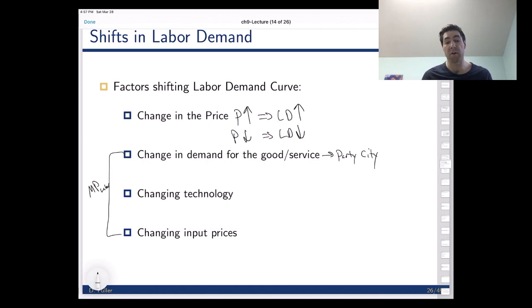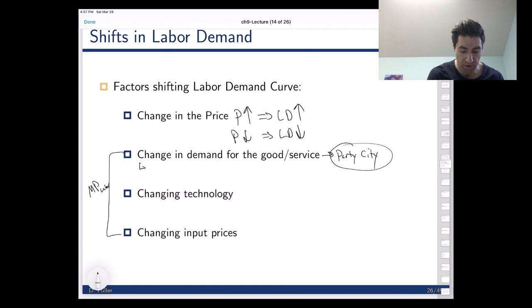Imagine in the current situation, where we have the coronavirus pandemic and we're not supposed to even get together with a few people, let alone have a party. Parties are pretty much off limits, right? So how productive is a particular worker at Party City going to be? Not very, right? So when the demand for the service goes down, each worker is less productive.